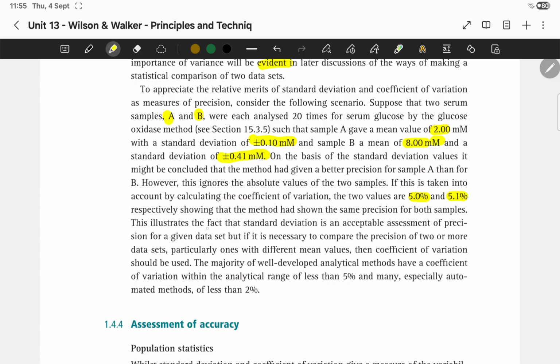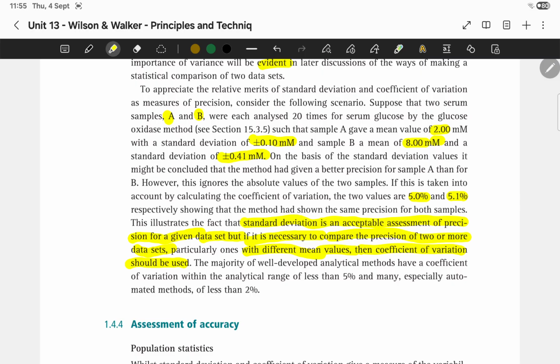This illustrates the fact that standard deviation is an acceptable assessment of the precision for the given data, but if it is necessary to compare the precision of two or more data sets, particularly ones that have different mean values, then the coefficient of variance should be used.